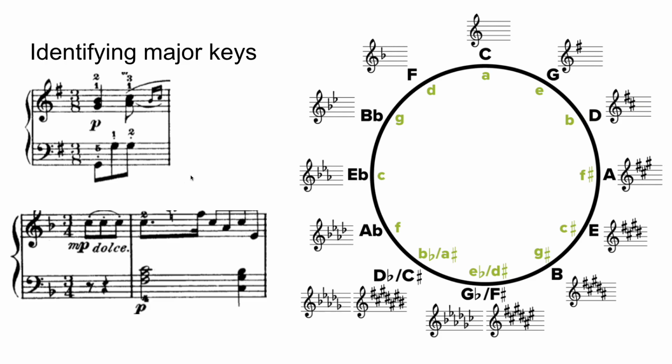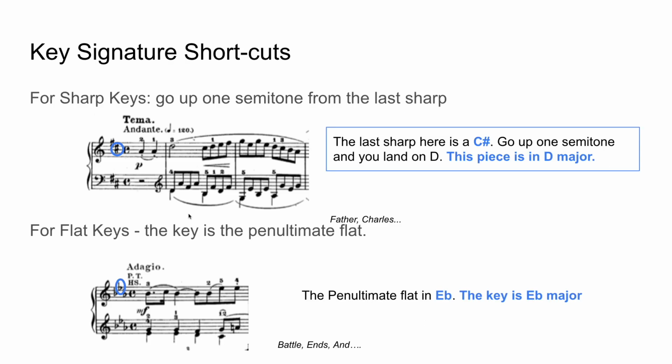But sometimes that can be quite cumbersome. You don't always want to be carrying a circle of fifths around with you to refer to. It seems a bit impractical. So there is a shortcut. If you've got a key signature with lots of sharps, you can have up to 6 or 7 sharps in a key signature. For key signatures that include sharps, you can look at the last sharp and then go up one semitone from that sharp.